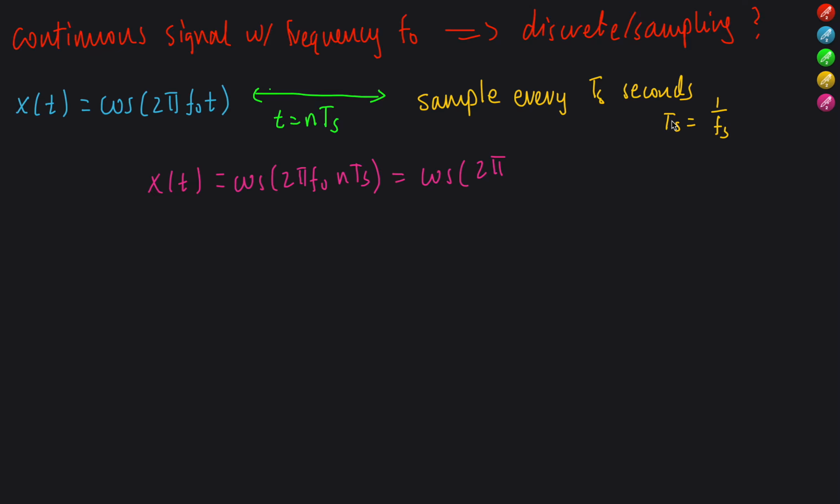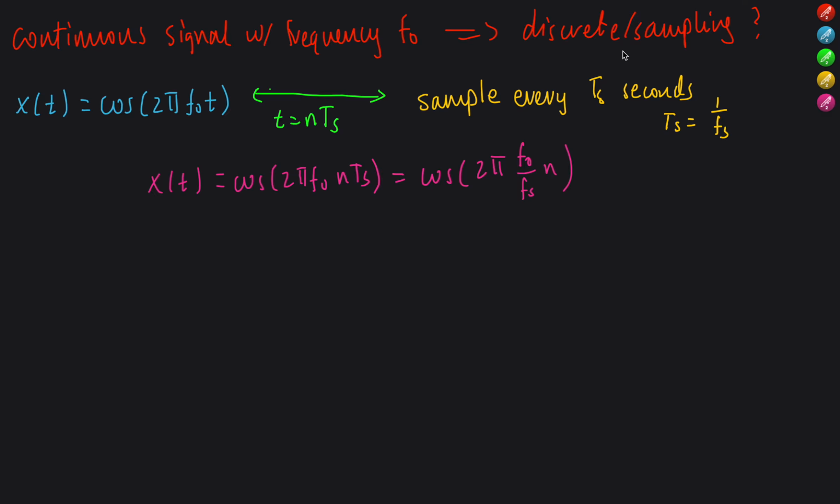If I sample every 2 seconds, then I'm going to have 1 over 2 samples per second. So that's what our frequency is. Let's replace Ts with 1 over fs, so we get cosine of 2 pi f naught over fs times n. Okay, that's our signal now.